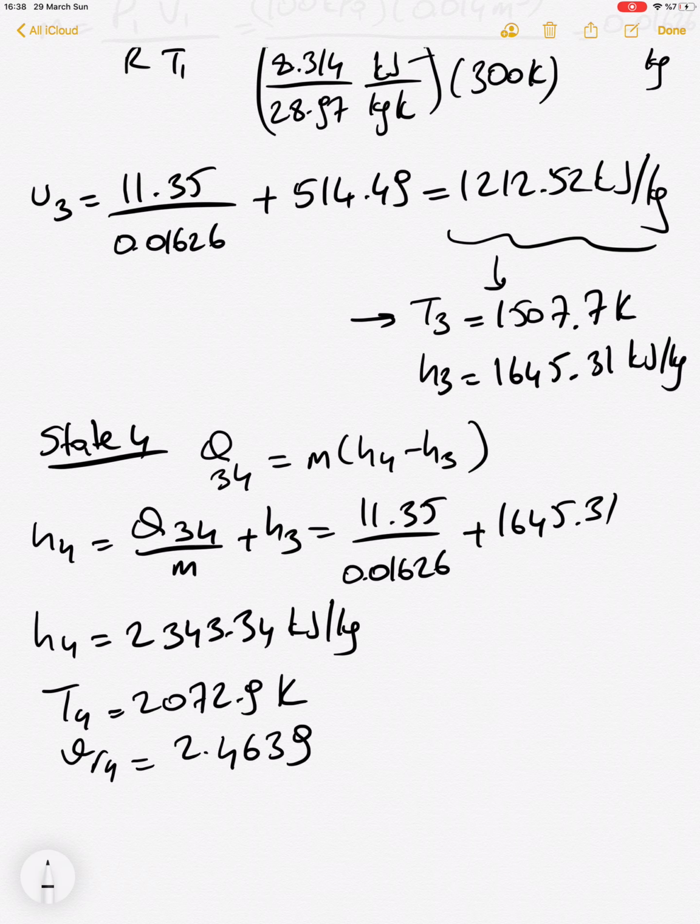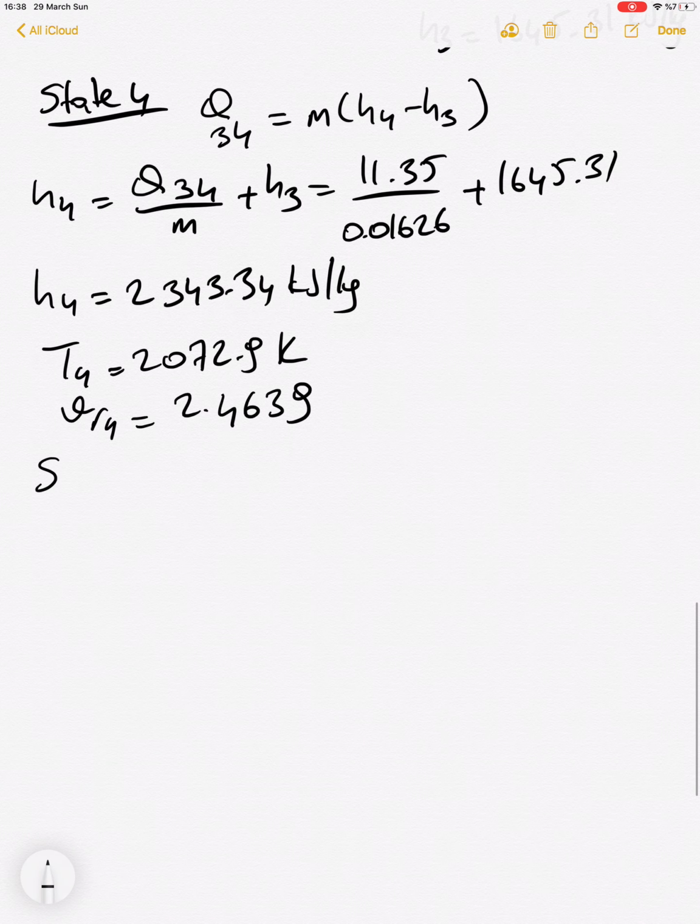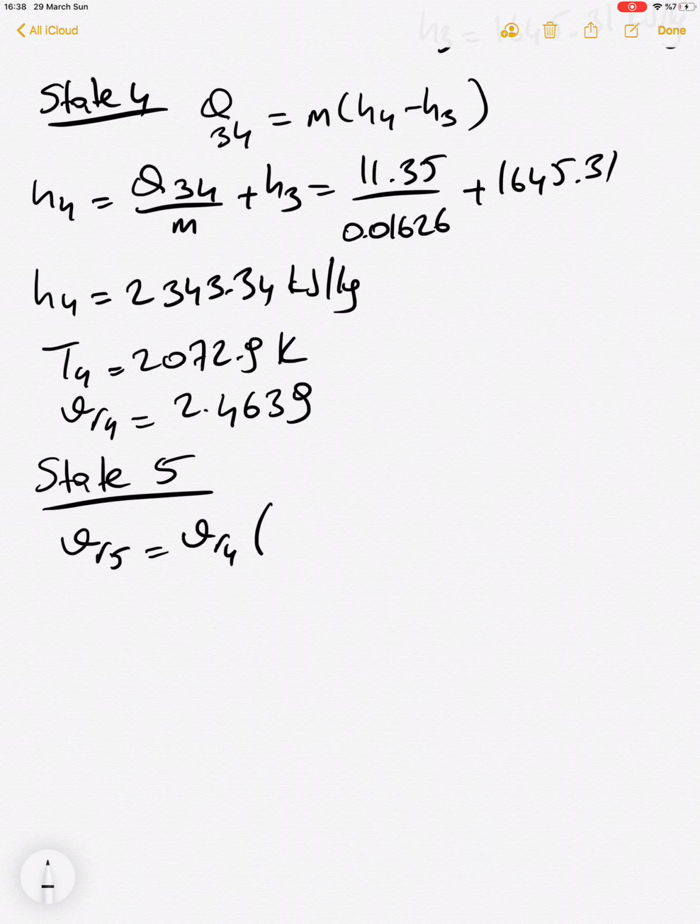Okay, so how about state 5? State 5, what we know, VR5 is equal to VR4 times V5 over V4, which is VR4 times V1 over V4.